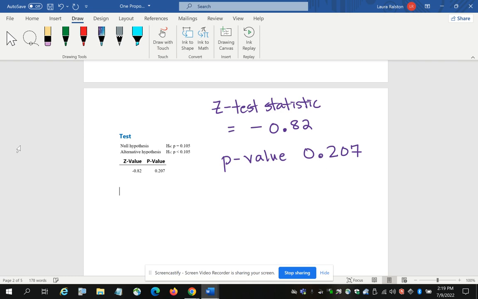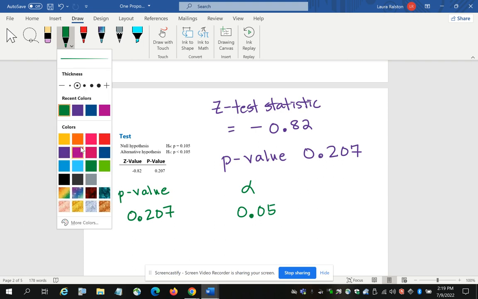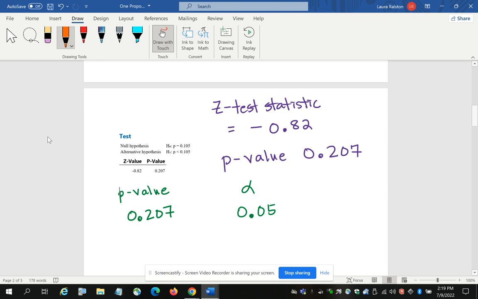Okay, then we have to make our decision. To make our decision, we compare the p-value, which we got from Minitab, to the level of significance, which we're using 0.05. So as I make this comparison, I do it digit for digit.